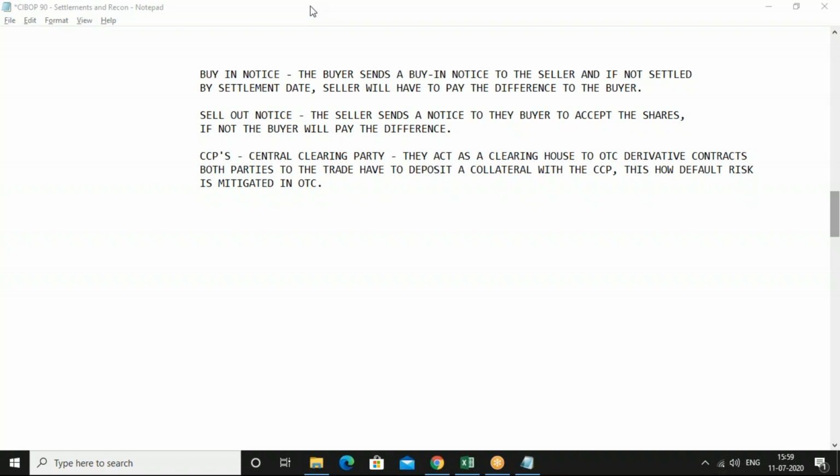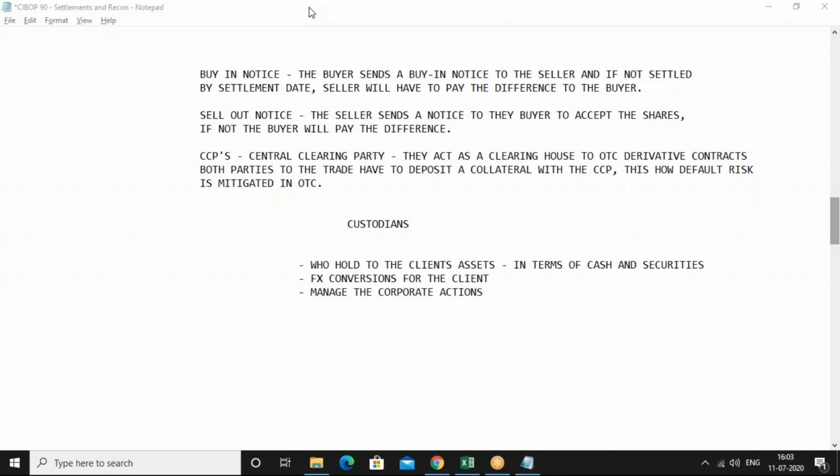We've already talked about this before, but what custodians really do is hold on to the client's assets, both cash and securities. They do FX conversions for the clients, and they also manage the corporate actions. Now, why will a custodian manage the corporate action?